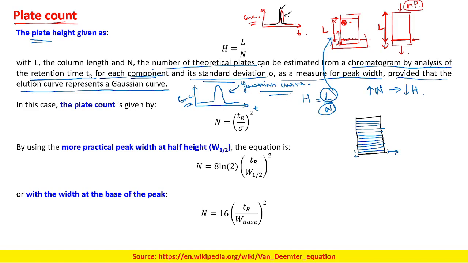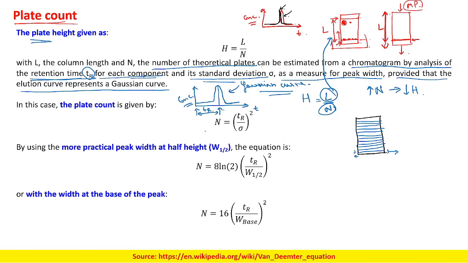Okay, now what is your TR? Say you have injected your sample at the 0 time, and the peak of the analyte where the curve has reached the peak, the distance between these two is given by the retention time.